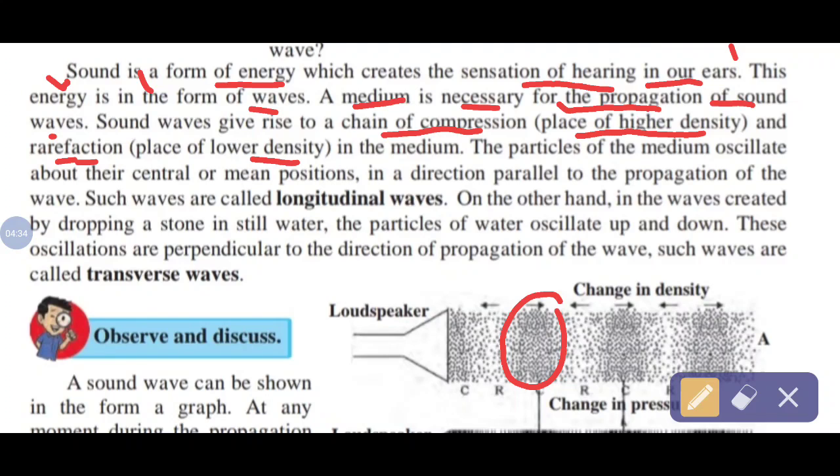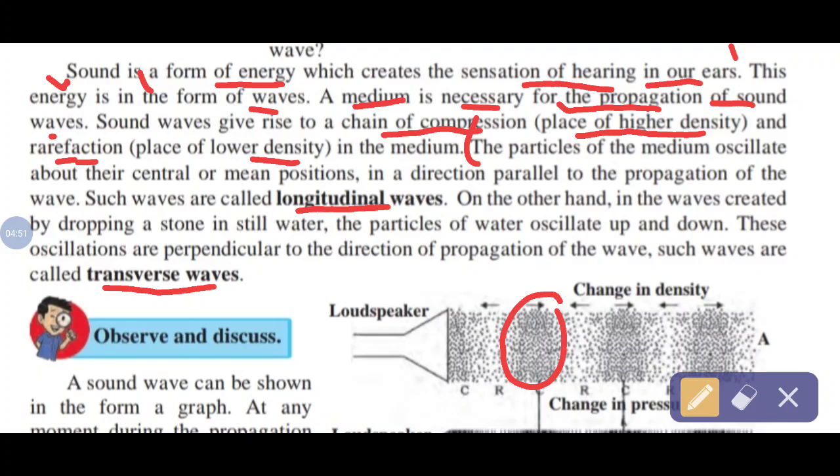There are two types of waves. Remember, the first one is the longitudinal wave and the second one is the transverse wave. Definitions are asked in the exam: define longitudinal wave, define transverse wave. Now see that. Mark the definition first here.